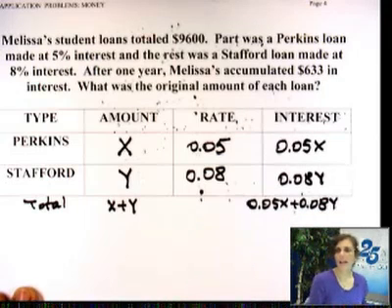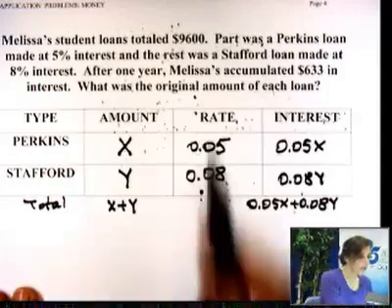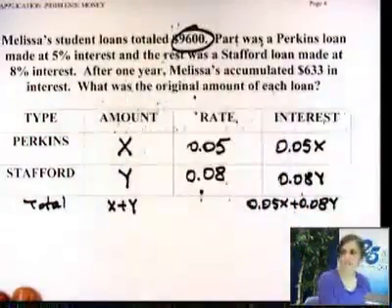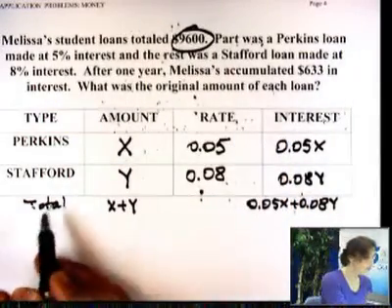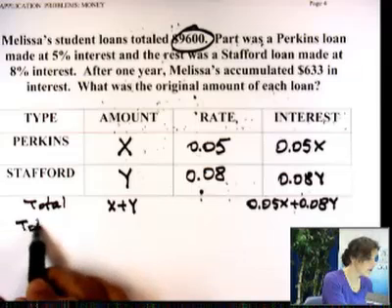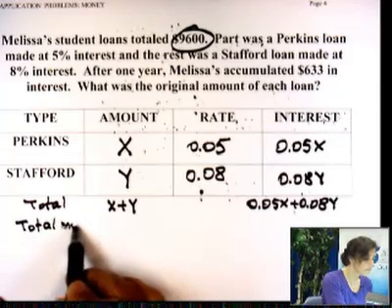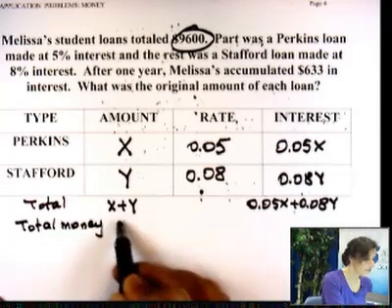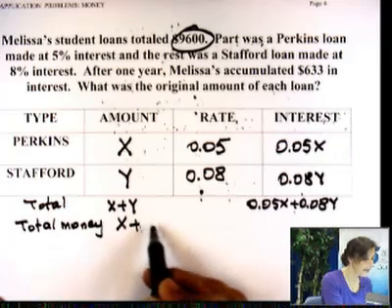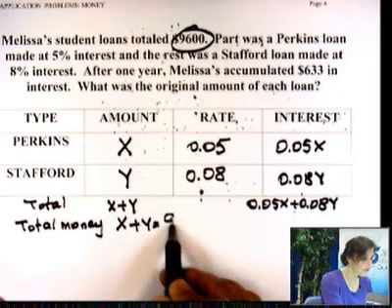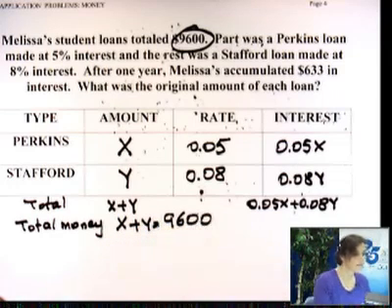All right, now let's look at it. Do I know the amount of money I put in? Here we go, 9,600. So the first one is the total money equation: the money I put in X, the money I put in Y, and that's going to be 9,600.